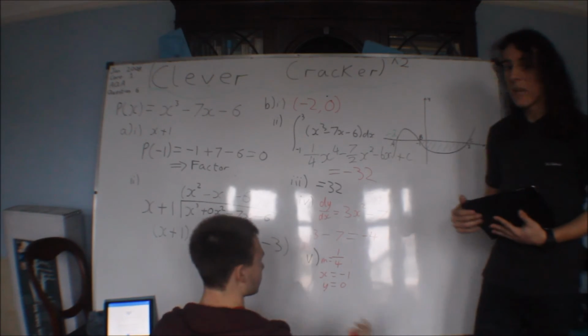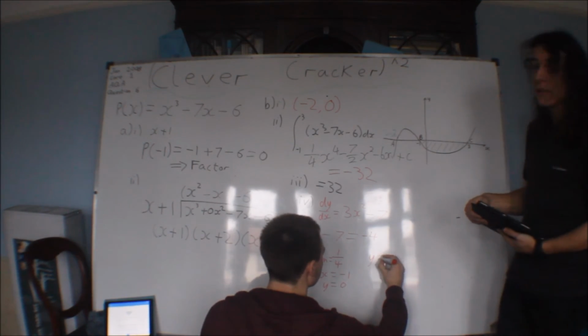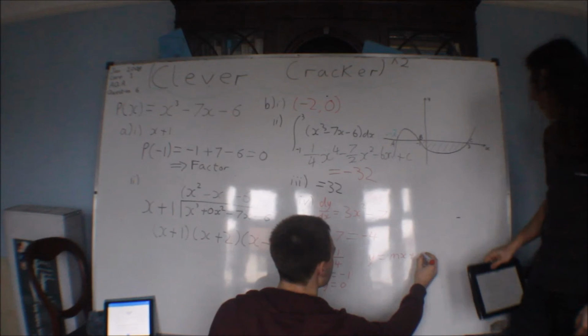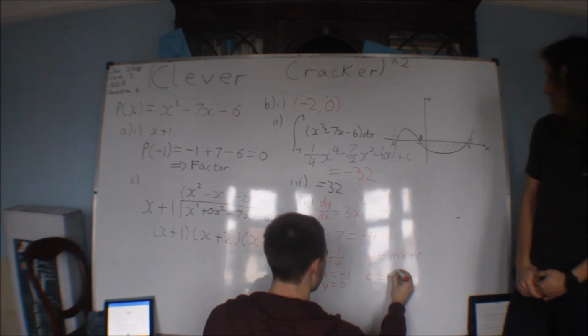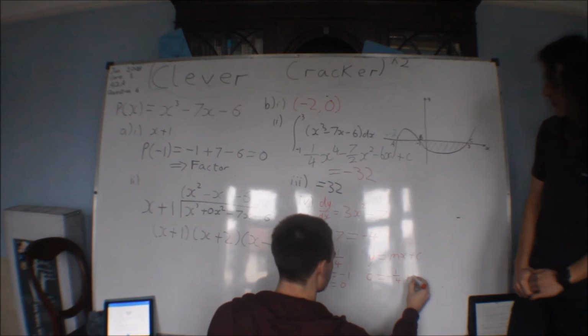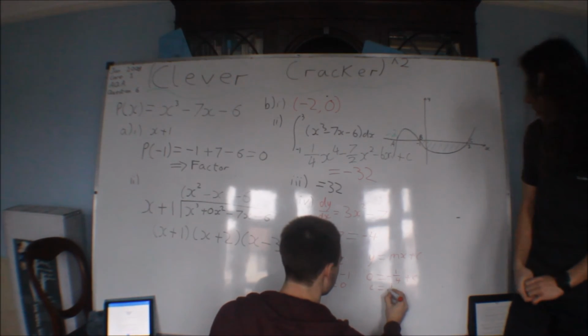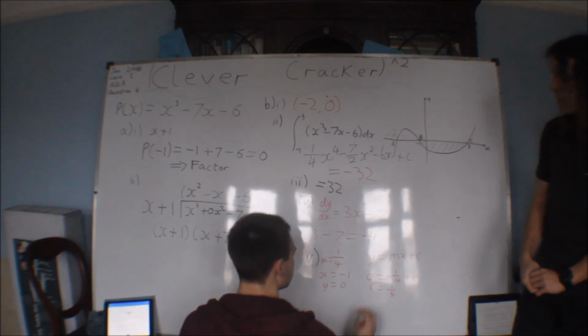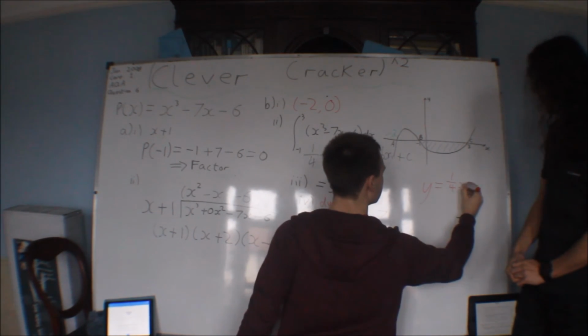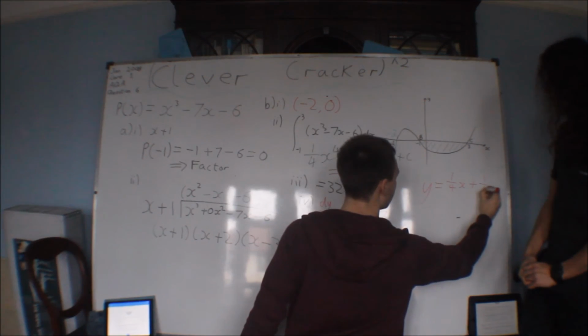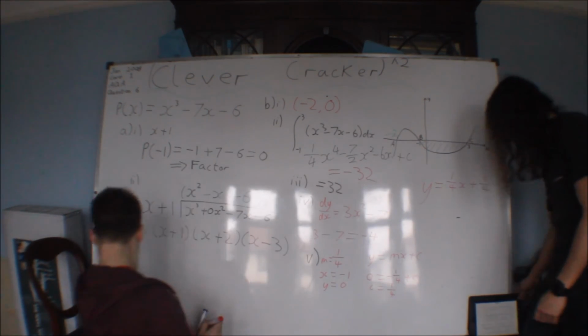So using y equals mx plus c, we can find out what c is. Substitute all the values in. So 0 equals minus 1 lots of a quarter, so there's a minus a quarter there, plus c. So c must equal a quarter, which gives us our equation of y equals a quarter x plus a quarter. And that is the equation of our normal.